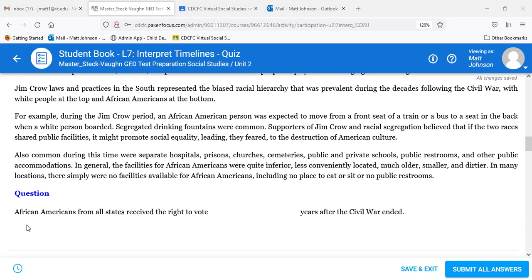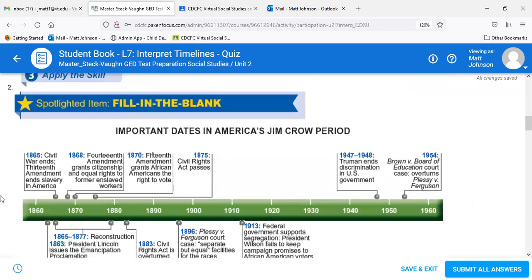Go ahead. African Americans from all states received the right to vote how many years after the Civil War ended? I think Etta put the answer in the chat for us, so it's 5 years after. Yeah, I looked at the timeline up there. That's what the timeline's for, right? It also helps you to do that math.